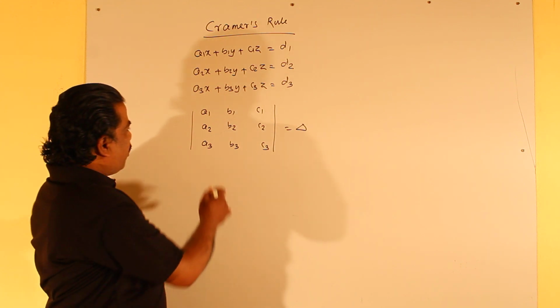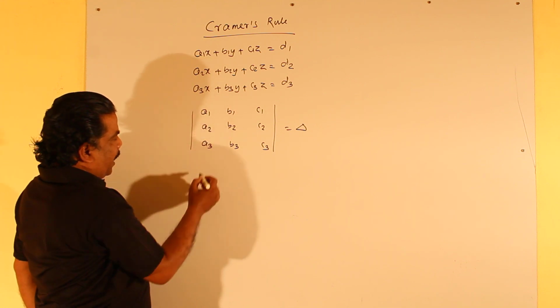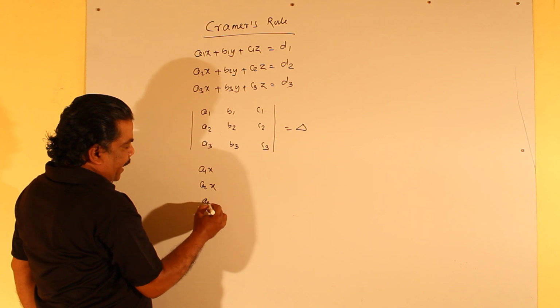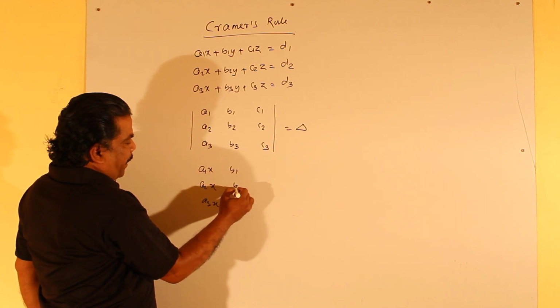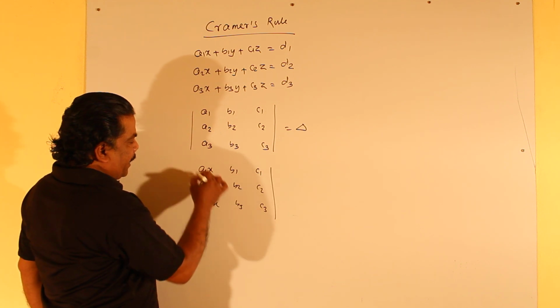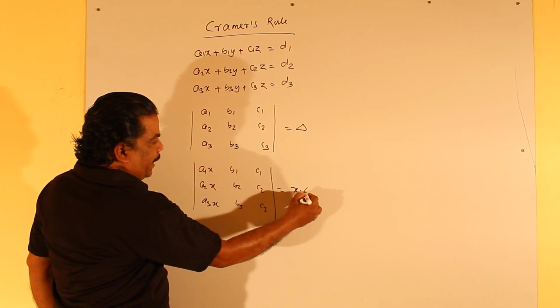If you multiply column 1 by x, we write a1x, a2x, a3x, b1, b2, b3, c1, c2, c3, that is equal to x into delta.